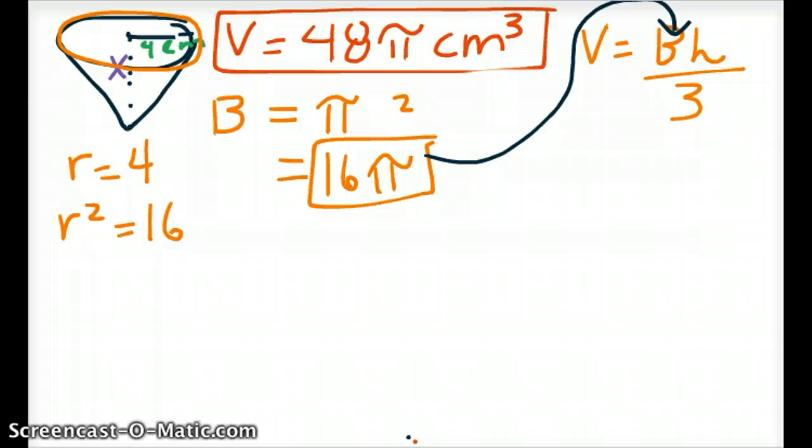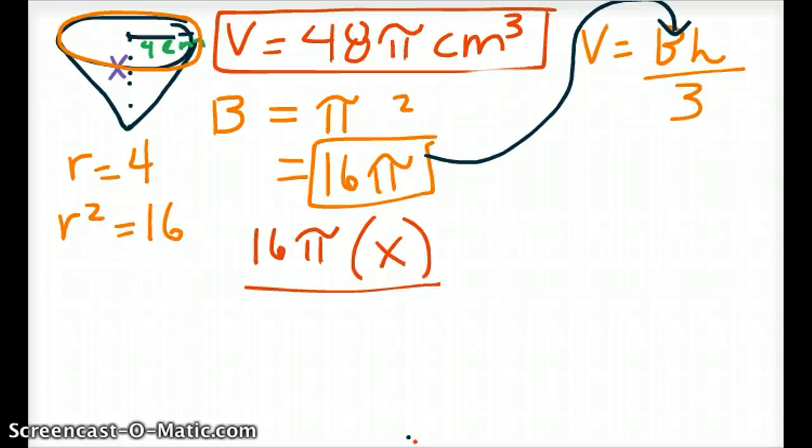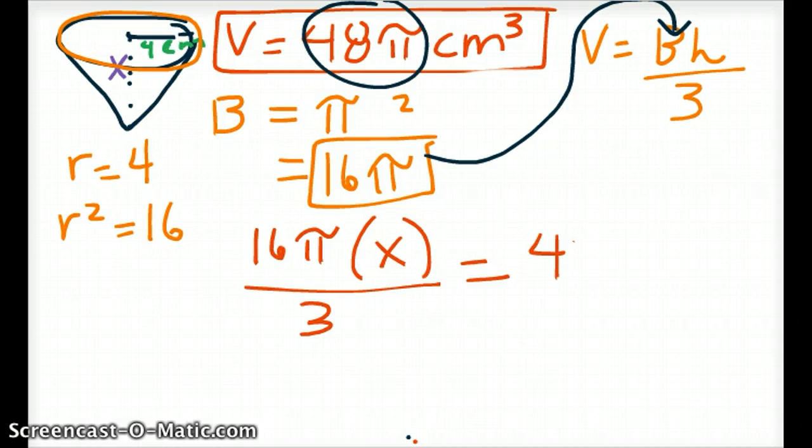So I say 16 pi times my height, which I actually labeled as x, divided by 3 is the given volume, 48 pi.